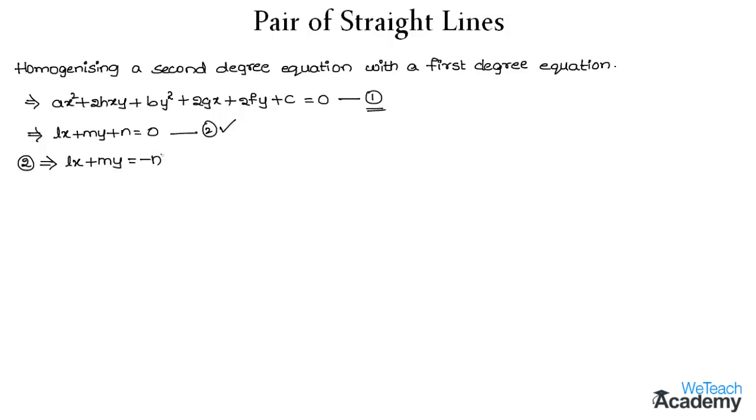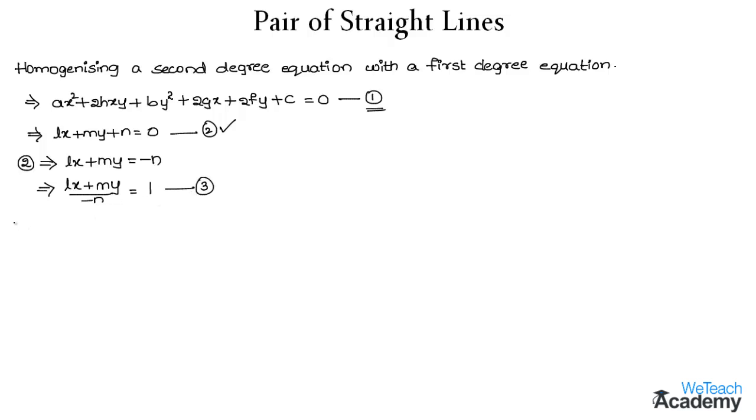Then we need to make the constant term 1, so let us divide the whole equation by -n. That implies we get (lx + my)/(-n) = 1. So this is the value of 1, and let us name this as equation 3.